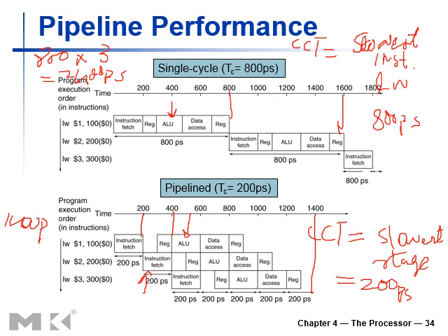So what would be the speedup? Speedup is equal to execution time old divided by execution time new, that is 2400 picoseconds divided by 1400 picoseconds. And this will further improve if we've got more instructions. The more instructions to process on a pipeline processor, the better the speedup, the better the execution time, and the better the throughput of the system.